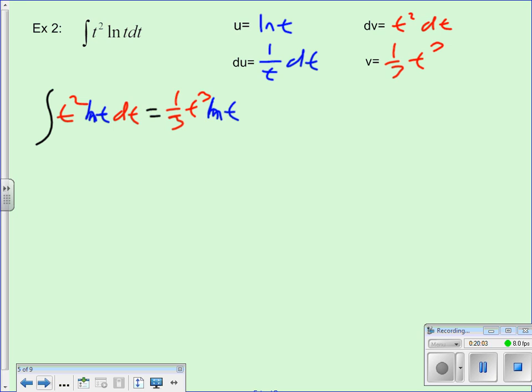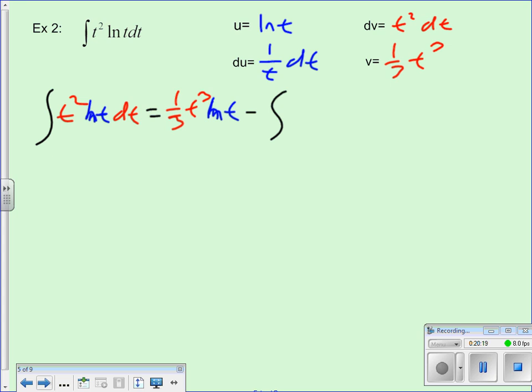I'm just writing it so it looks pretty. I don't want to put natural log of t, 1/3 t cubed, because then you might think you're taking the natural log of everything. Minus the integral of v du.